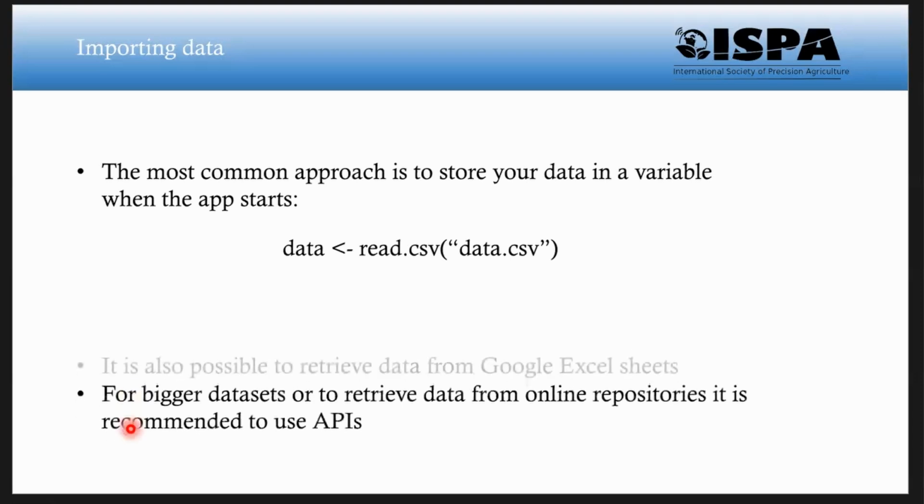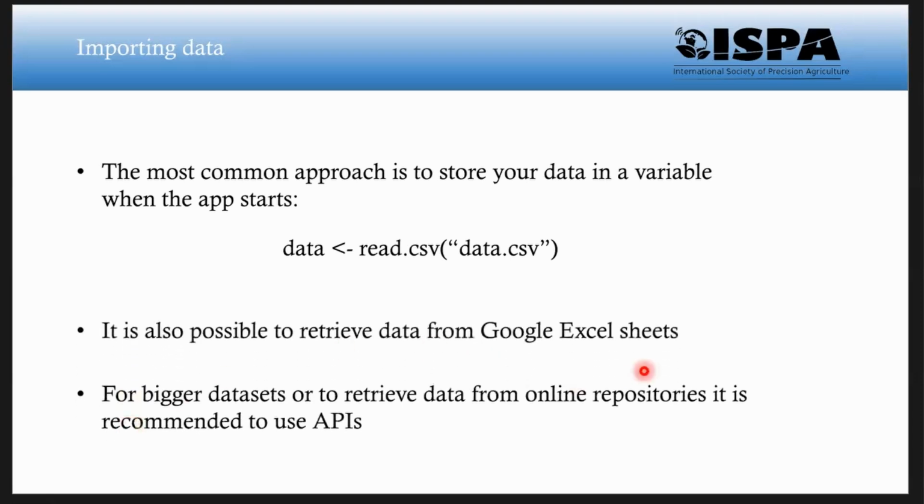Alternatives are to use Google Excel sheets. Then you can import the data from Google Excel sheets. You don't have to load the data each time the app starts. And for huge data sets, you can retrieve them from online repositories. It's recommended to use APIs. I think that since you already work with R, you already know how to use some APIs.